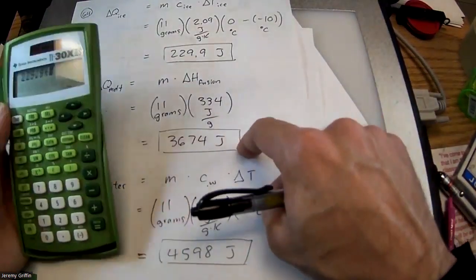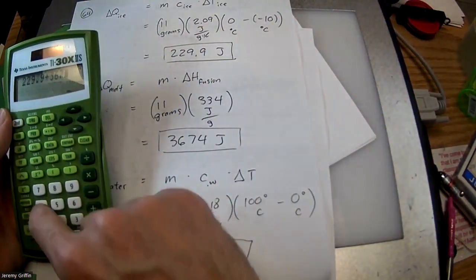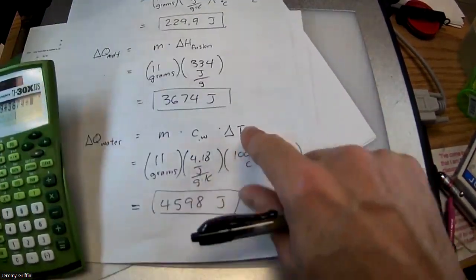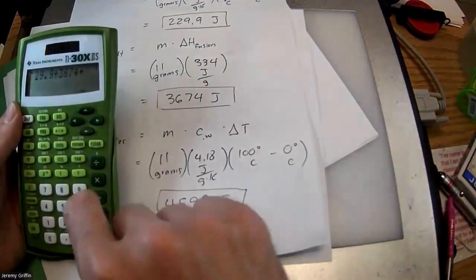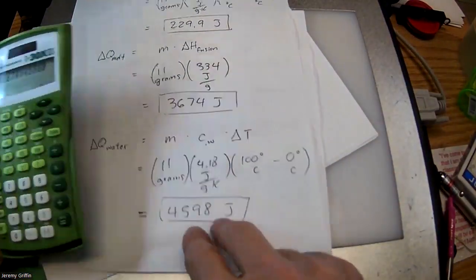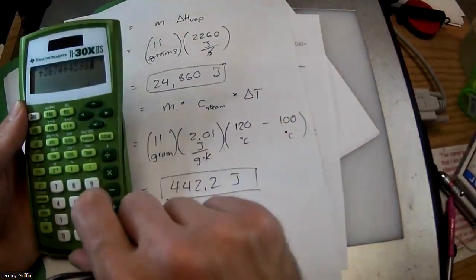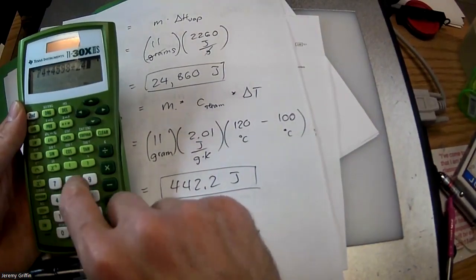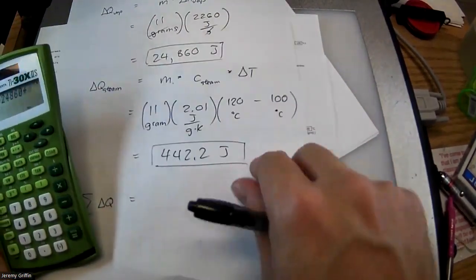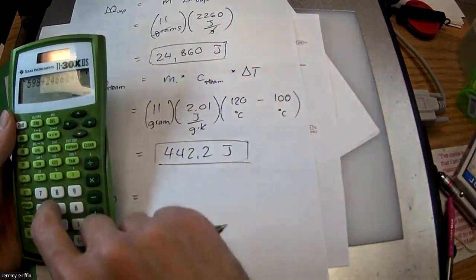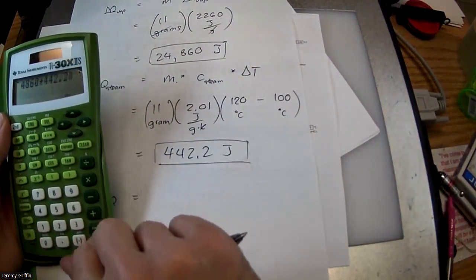To melt the entire ice cube was 3674 joules. To bring the water up to a boil was 4598 joules. To boil all that water away was by far the most amount of energy. That's 24,860 joules. And finally, to heat the steam was another 442 joules.